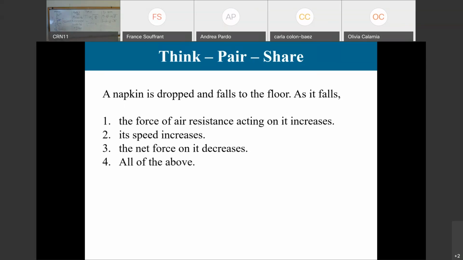A napkin is dropped and falls to the floor. As it falls, what do you think is true there, guys?